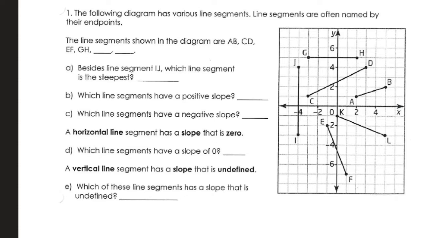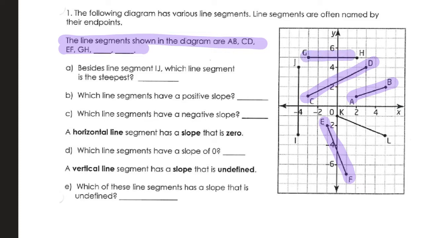The first thing that I can take a peek at, the line segments in the diagram are A, B, C, D, E, F, G, H, and now I notice that I have some other line segments. So I have AB right there. I have CD right there. I have EF there.